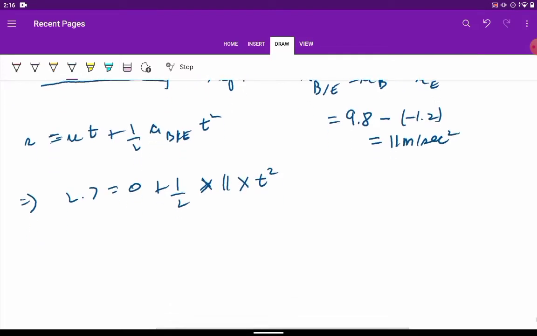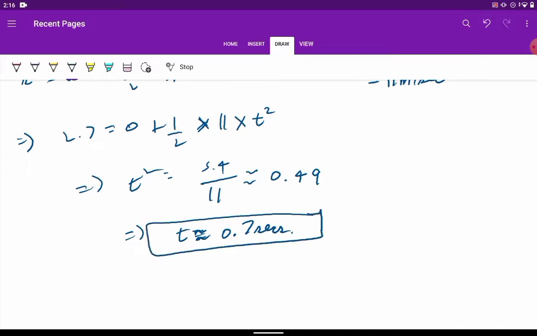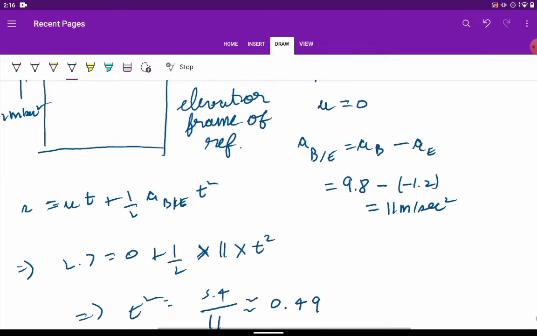So t square is equal to 5.4 by 11, which is roughly 0.49. It would have been 0.5 if it was 5.5 by 11, so it is 0.49. So t is approximately equal to 0.7 seconds. This is the first part done.